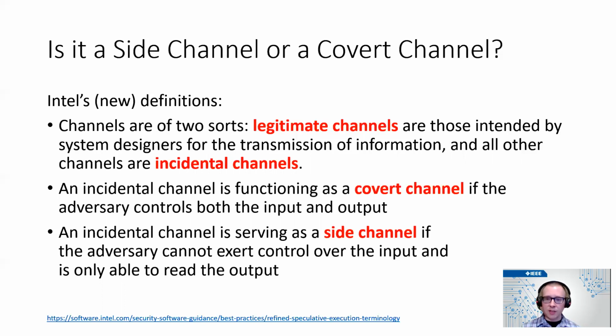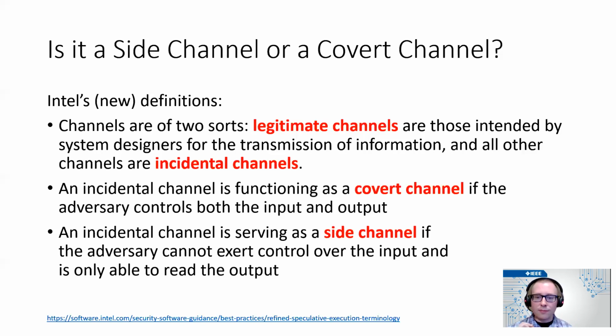It may signal information, but this is incidental to its intended purpose. Incidental channels can then function in one of two ways, depending on the context of a particular attack or threat model. An incidental channel functions as a covert channel if the adversary controls both ends, and a side channel if the adversary only controls the output end. So that does align with the original intent of those terms.